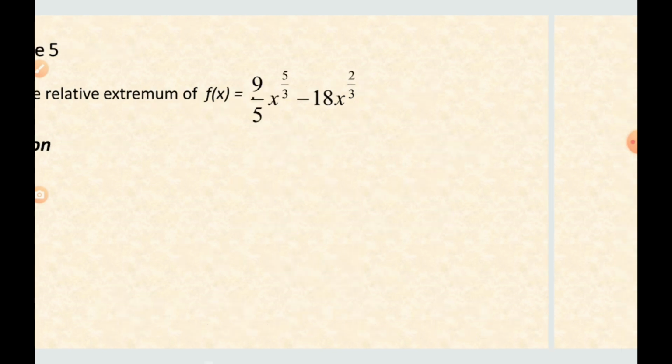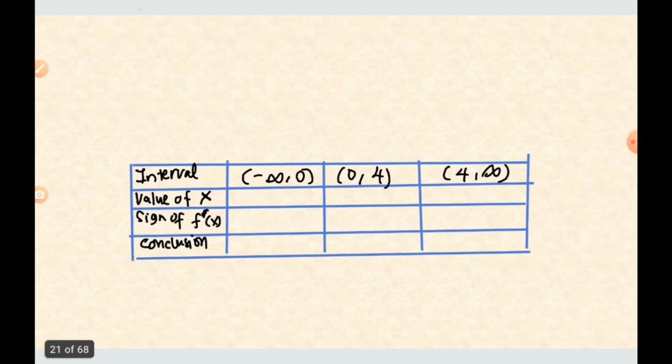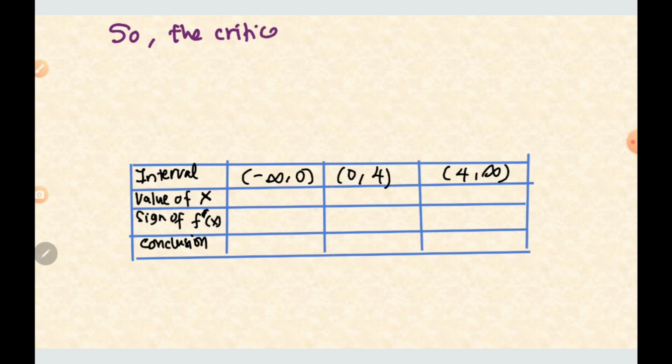Okay, so the conclusion is, the critical numbers are x equals 0 and x equals 4.